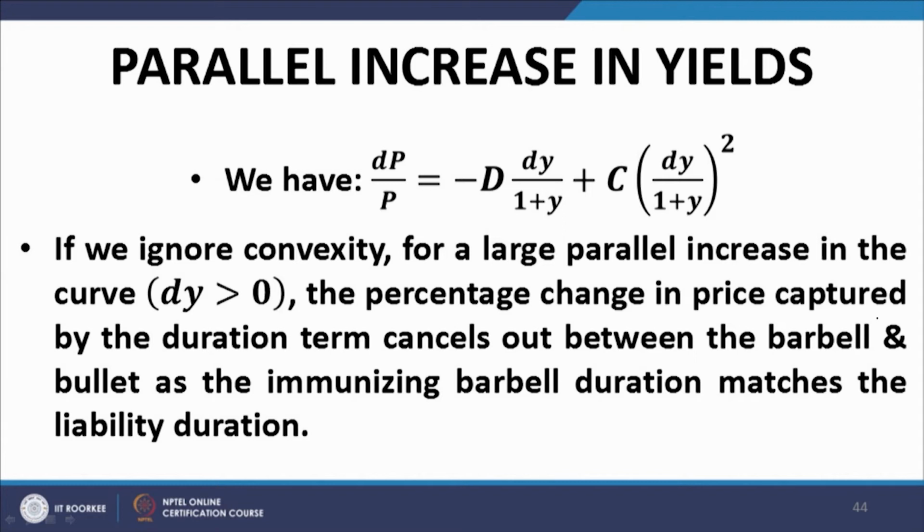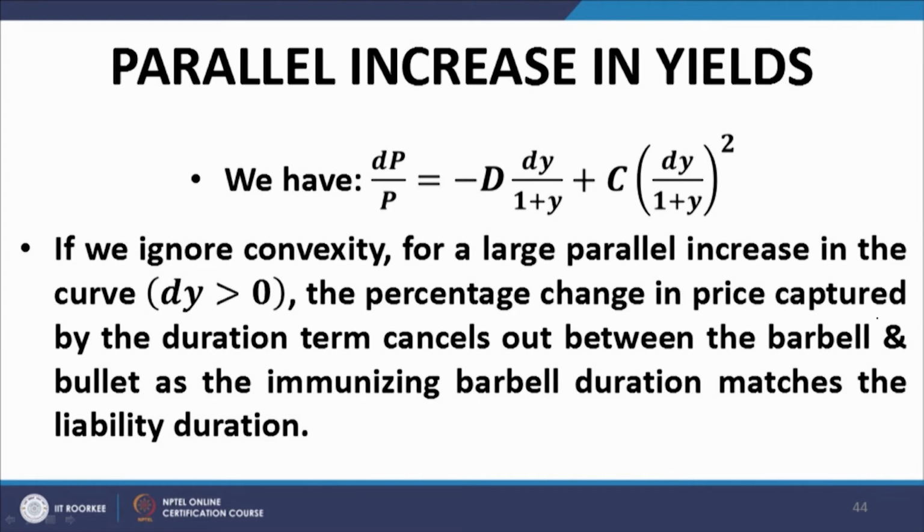If we ignore convexity for a large parallel increase in the spot yield curve, the percentage change in price captured by the duration term will cancel out between the barbell and the bullet, because both have the same duration, as we saw just now when I took up the example to illustrate the barbell strategy.